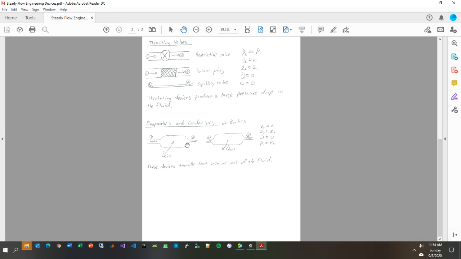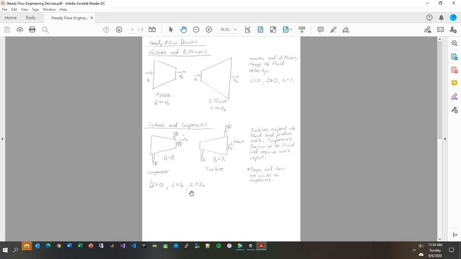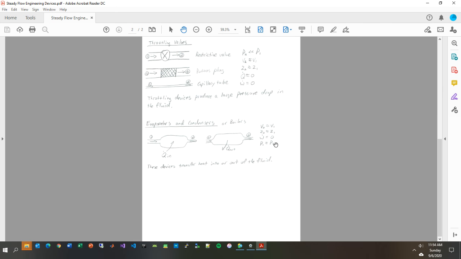Usually these are devices with a lot of fins on them that accentuate the rate at which heat can leave one device for the other. The assumptions are essentially the same as turbines and compressors, except instead of being adiabatic, there's no work interaction. That's basically a summary of the devices that we're going to be covering.